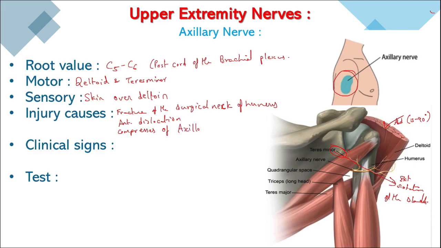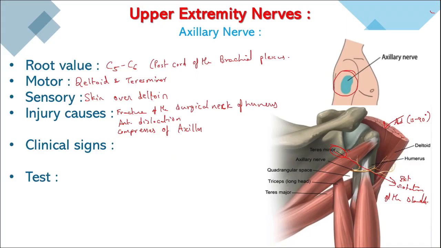How does the axillary nerve get compressed? In orthopedic cases, like if a patient has gone through femoral surgery, tibial surgery or hip arthritis surgery, the patient has to use crutches. When walking, they put their body weight on the underarm while holding the crutches, so the axillary nerve gets compressed.